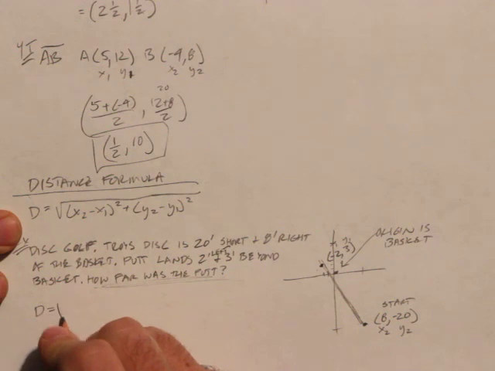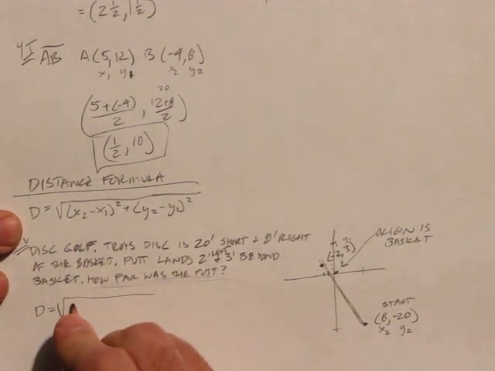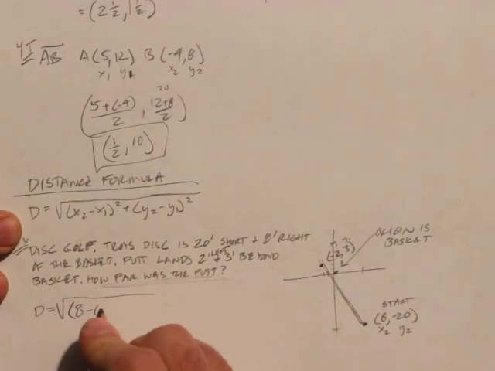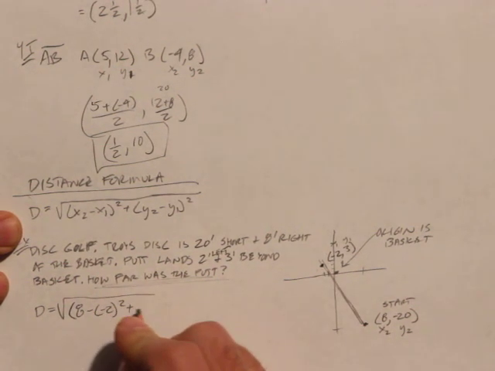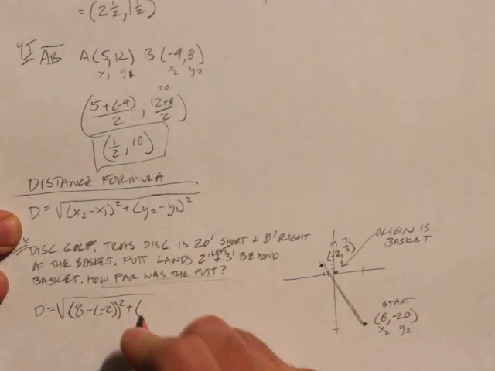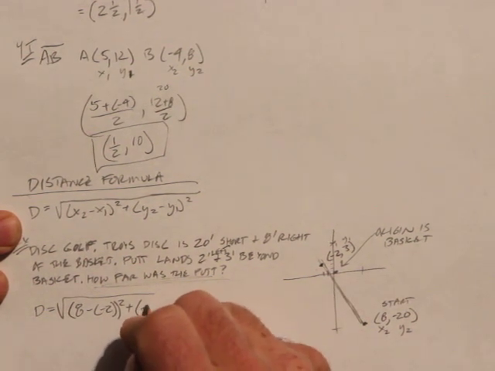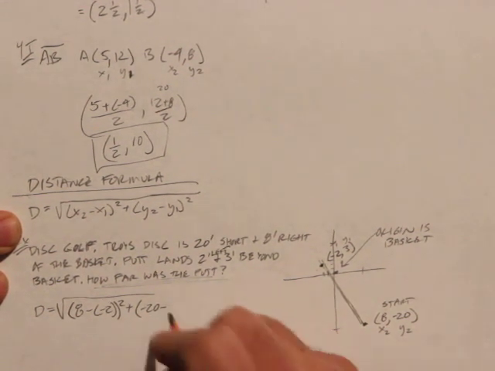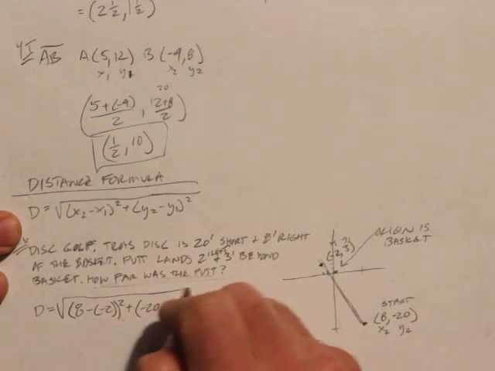So, square root of x2 minus x1, so x2 minus x1 squared, plus y2 minus y1 squared.